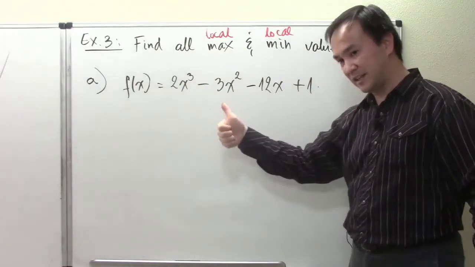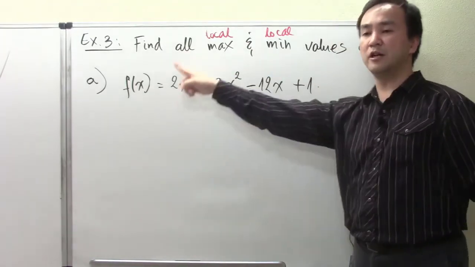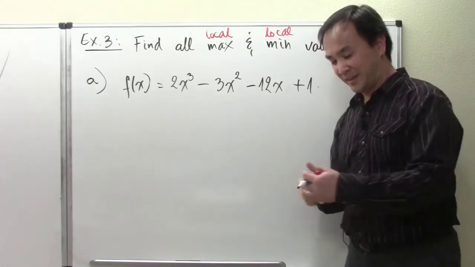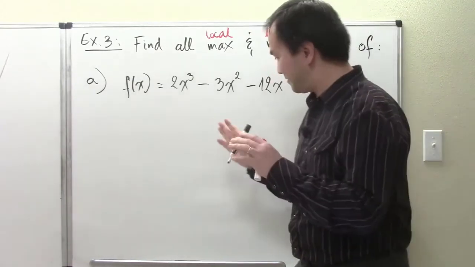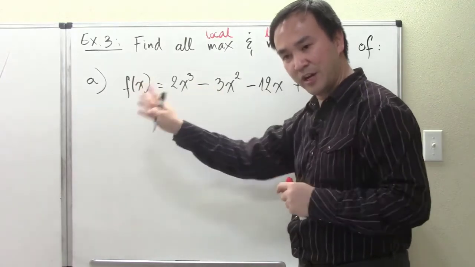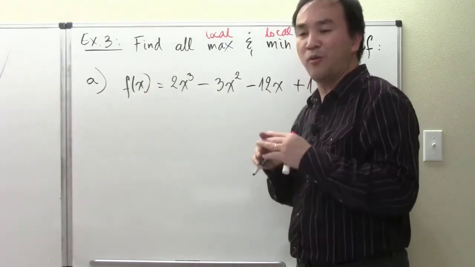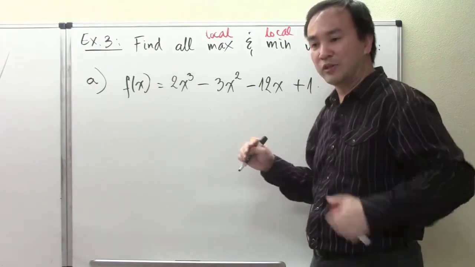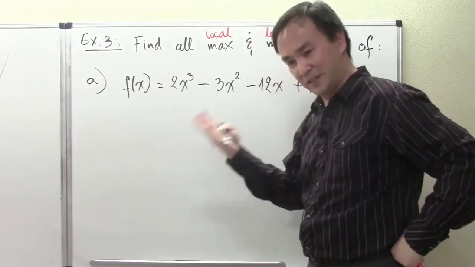So our first step is to detect all the critical values of any given function. The reason I brought in the exact same function is that I don't want to waste my viewers' effort to redo it, but you are more than welcome to retry it if you jumped in the middle of the video.